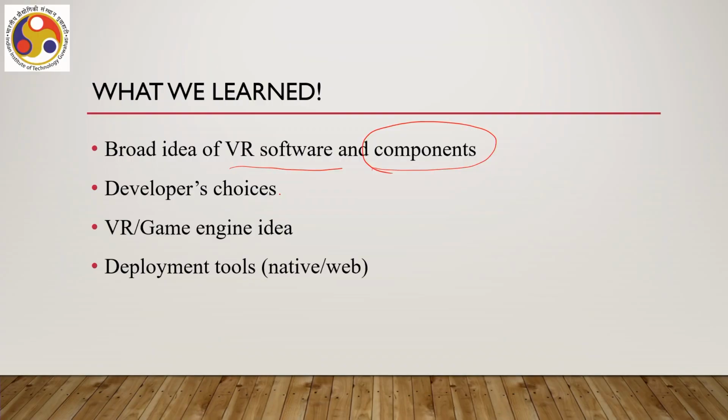We have also seen developers' choices. The two choices are: choice number 1, using SDKs and developing things from scratch, or choice number 2, using ready-made VWGs.